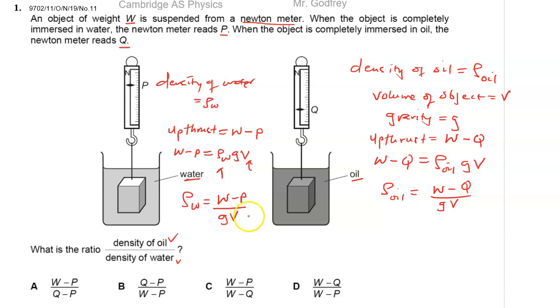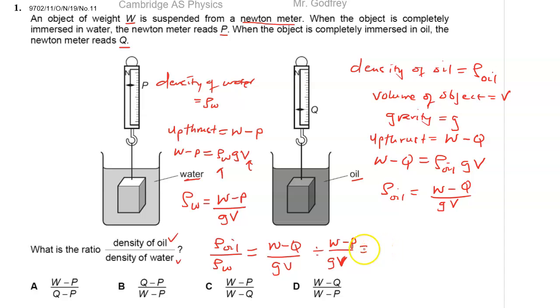And therefore, now we can take the ratio of density of oil to the density of water. Density of oil divided by density of water is equal to, of course, for oil, W minus Q over gV, divided by W minus P over gV, of course, V being the volume of the object.